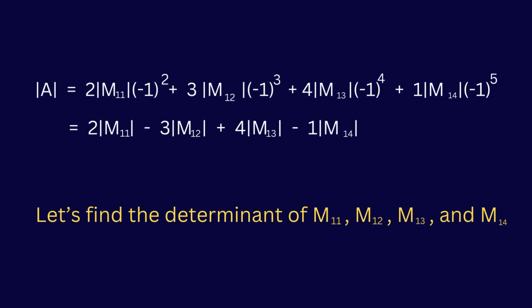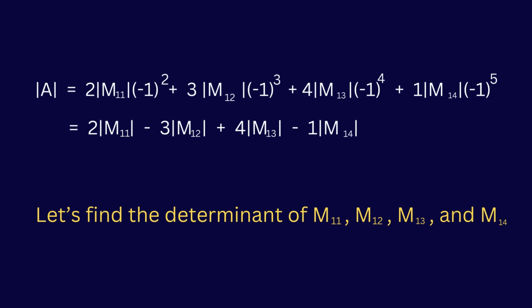Plus, then put the third number of the first row, multiply it by the determinant of the M13 matrix, again multiplied by negative 1 to the fourth power. Plus, add the fourth number of the first row, multiplied by the determinant of the M14 matrix, multiplied again by negative 1 to the fifth power.